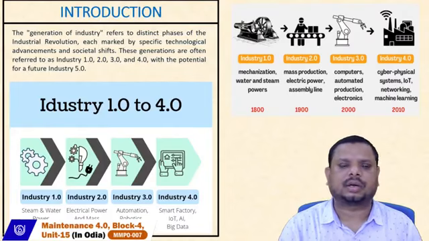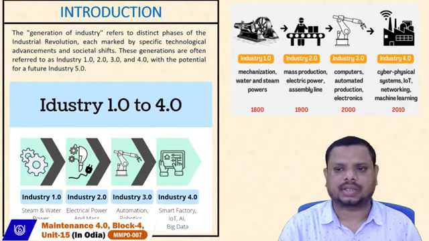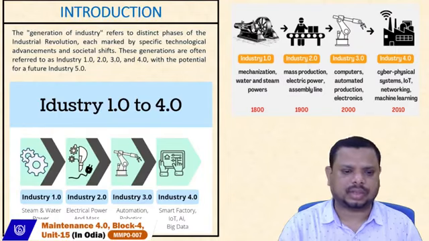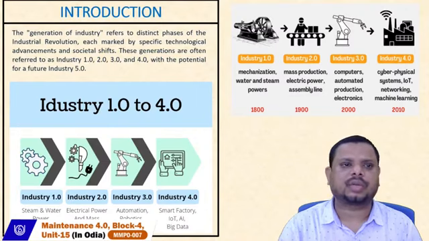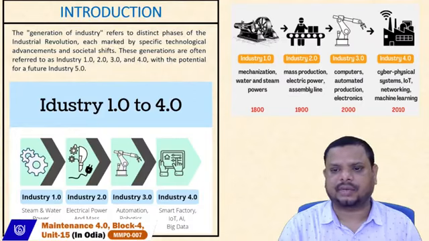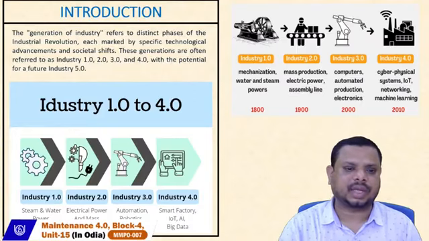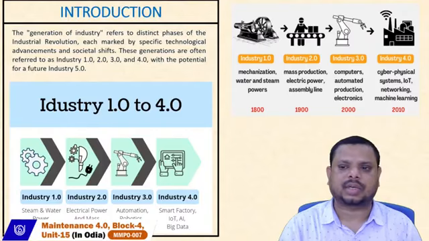The next one is the current phase. We are discussing Industry 4.0, which is our topic of discussion for this particular session. This phase is dedicated to cyber physical systems, which means a large amount of information technology support is needed. Then we are moving towards the Internet of Things, shortly known as IoT.